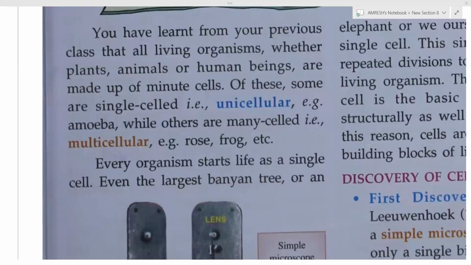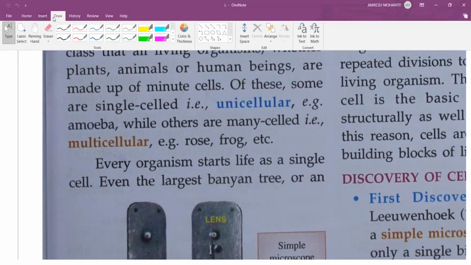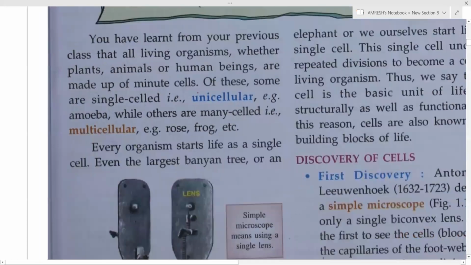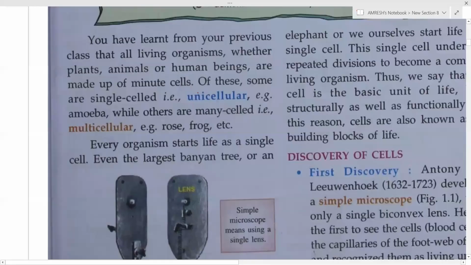Before starting the chapter, we have to understand what is the structural and functional unit. What do you mean by structural and functional unit? See students, our houses are made up of bricks. For our house, brick is the structural as well as the functional unit.